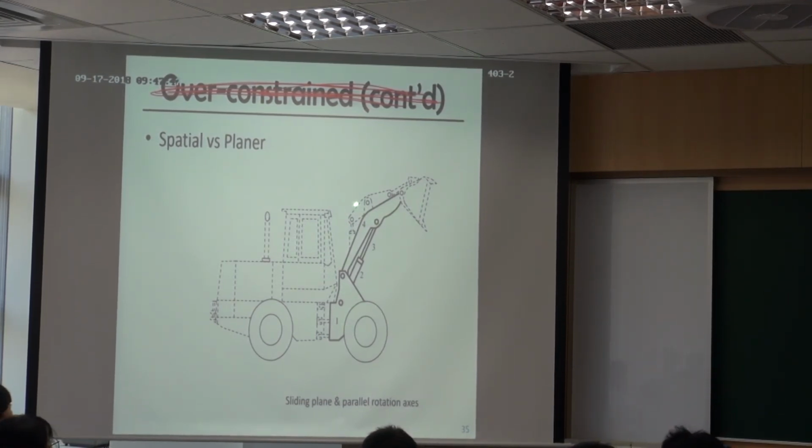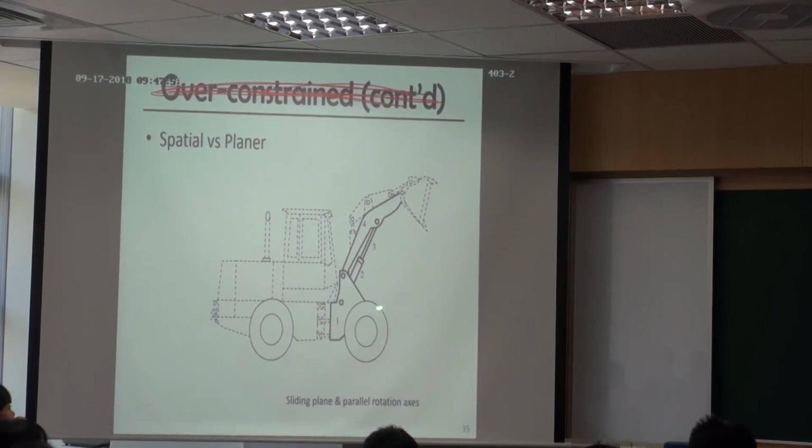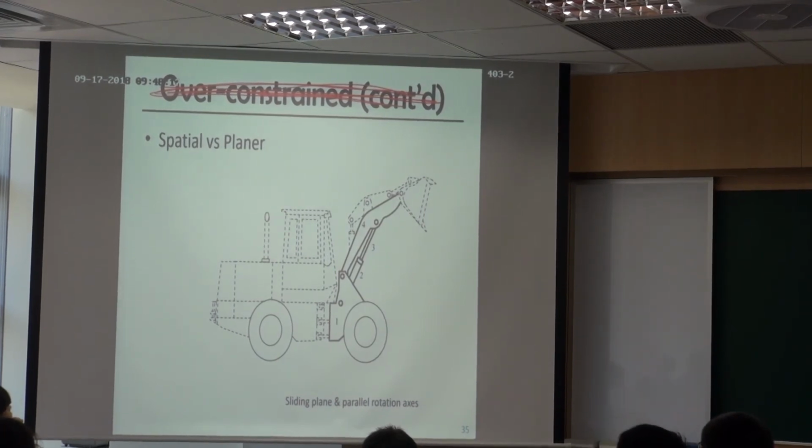We only consider this part. This is also a 4-bar mechanism. So it's bar 1, bar 2, bar 3, and bar 4. And there are 4 joints here: 1 R joint, then 2 and 3 is a sliding joint, and another R joint here. So let's try to calculate the mobility when we consider this as a planar mechanism.